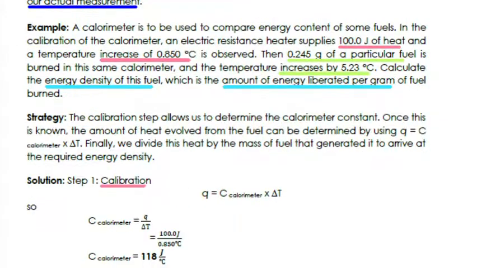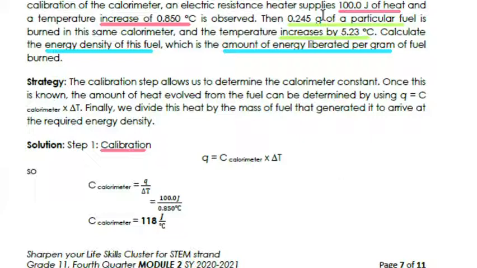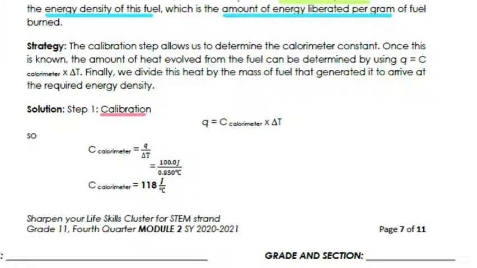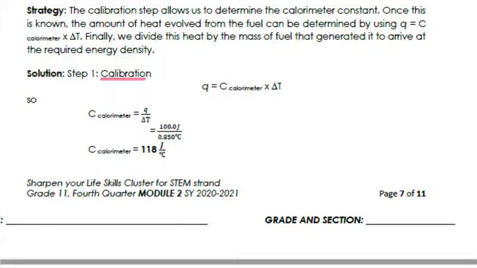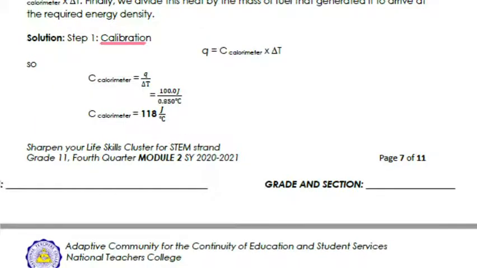And then the pink highlights are the values you will be using for the actual measurement or the actual computation. So, determination of heat evolved by the fuel. You have your value of C times the change in temperature.